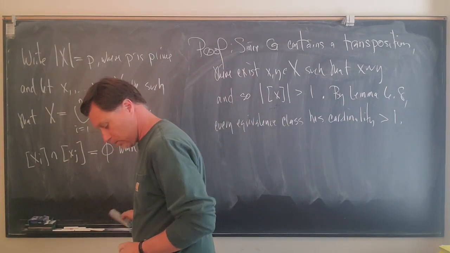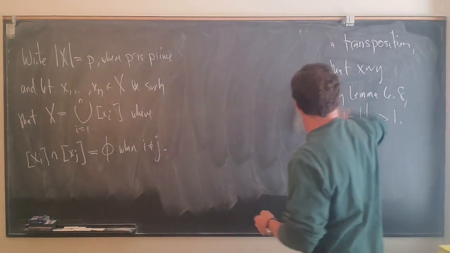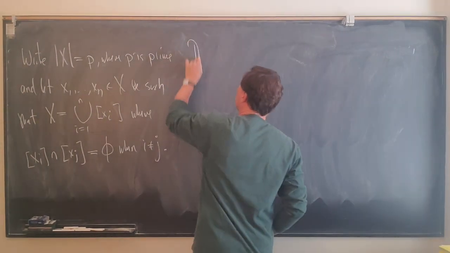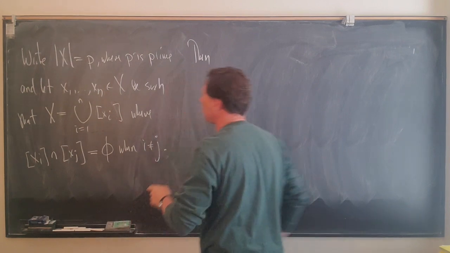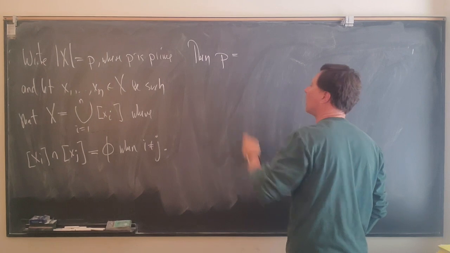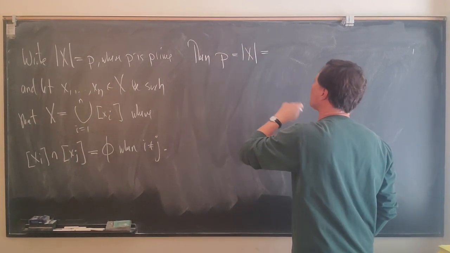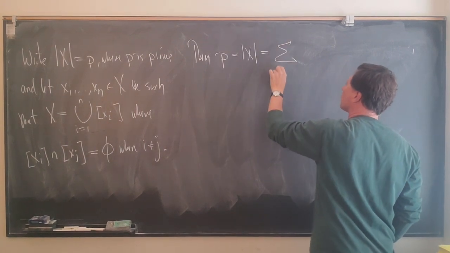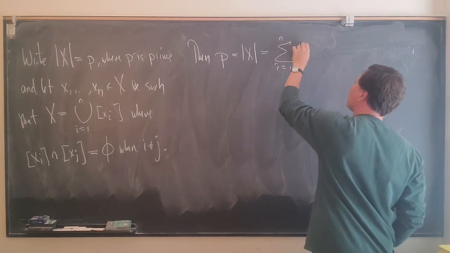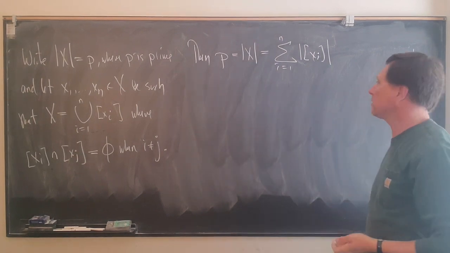Now, okay, so then p is equal to the cardinality of X, which is equal to the sum, i equals 1 to n, of the cardinalities of each of the equivalence classes.